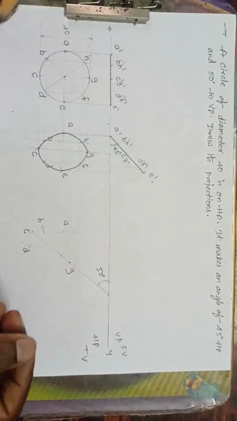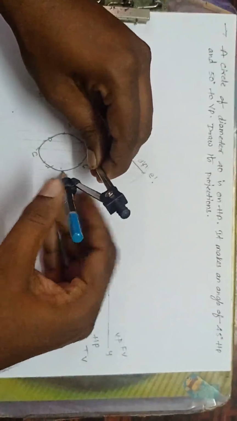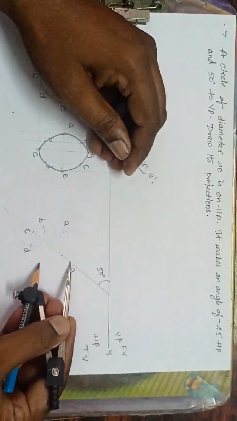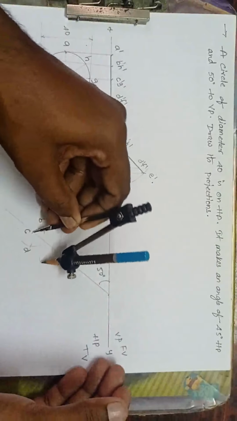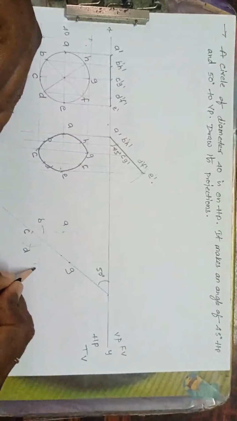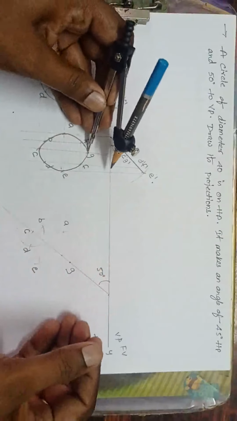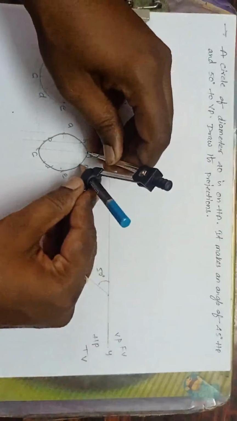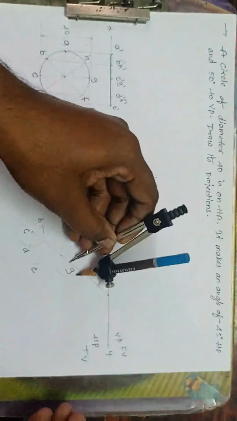Fine. Next, I want E. Take radius GE, G as center, draw an arc. Next, CE, C as center, cut here. I will get E. Next, take radius GF, I want point F now. G as center, draw an arc.